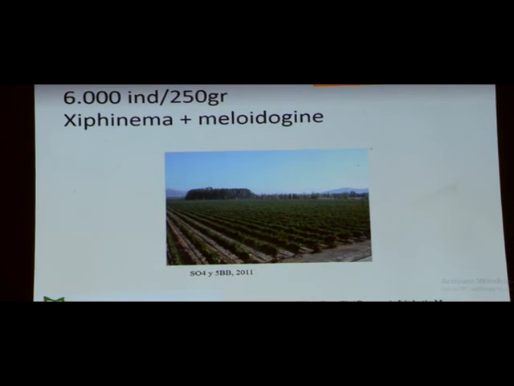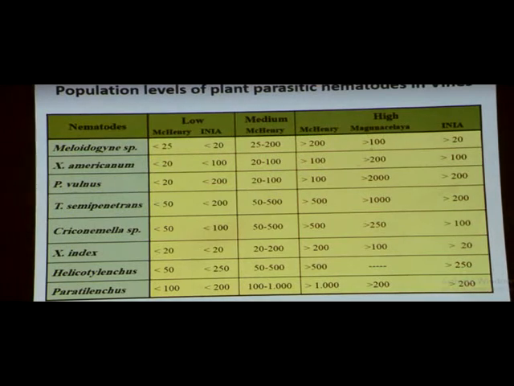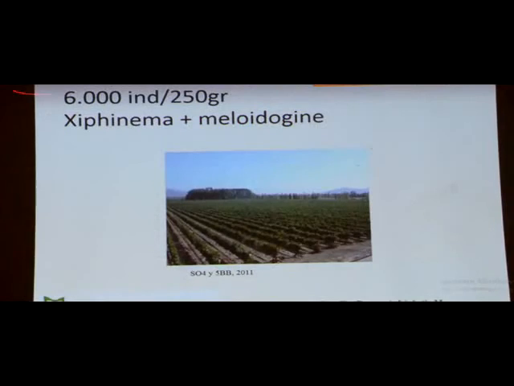So in Chile we have this. There are low, medium, and high resistance levels that different researchers give us for tolerating nematodes. The ranges we see in Chile are very different, because the high level for these guys is 100 individuals in 250 grams, but we have more than 6,000, more than 10,000 too.